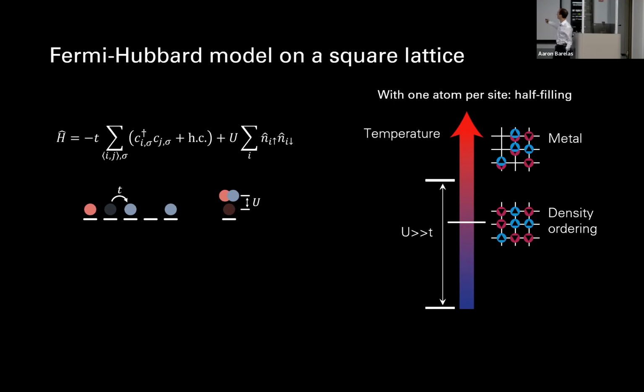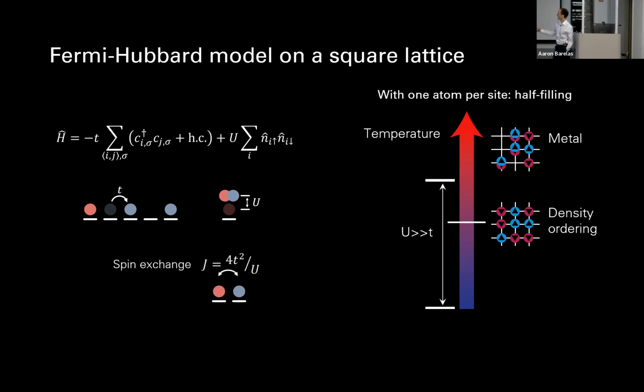But having density ordering as here is not the end of the story. It doesn't mean that the entire system is frozen in terms of spin degree of freedom. Namely, there is a third energy scale that you can write down as a function of this tunneling and this interaction energy, which represents the amplitude at which it is possible to exchange two spins of opposite sign with neighboring sites through a second order process.